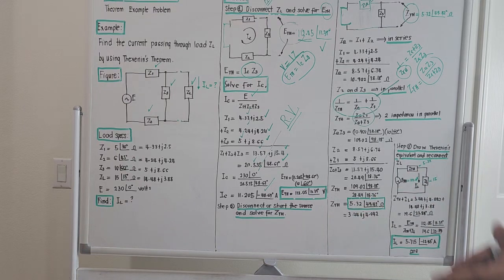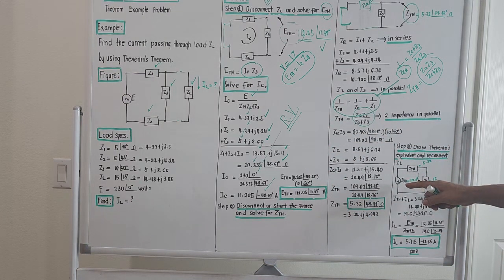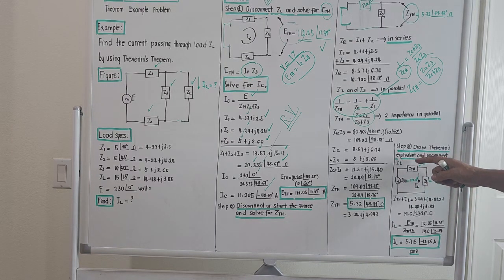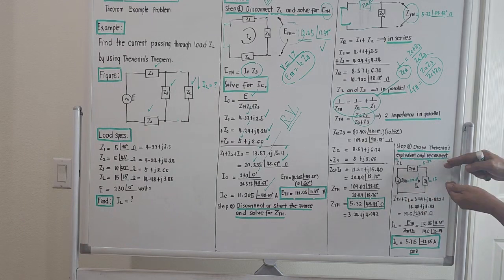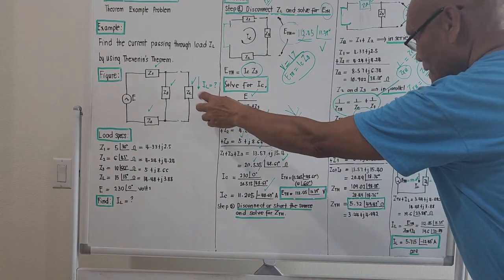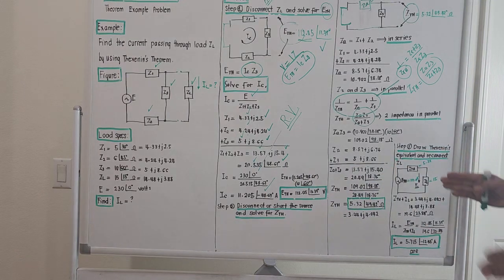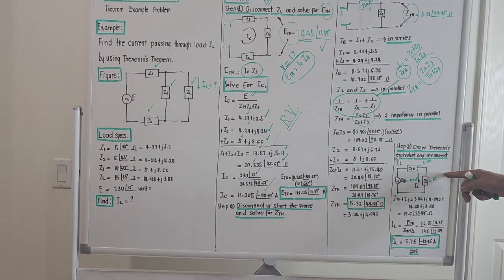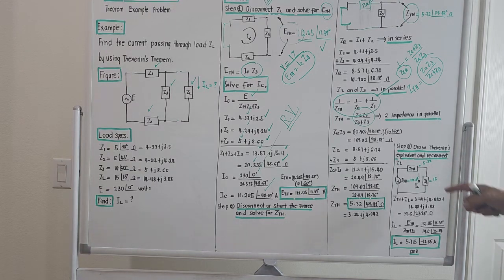According to Mr. Thevenin, the computed open circuit voltage should be connected in series with the open circuit impedance, then reconnect the load, the load in which the current is being asked. It's just again a simple series circuit. The open circuit impedance and the load are actually in series.